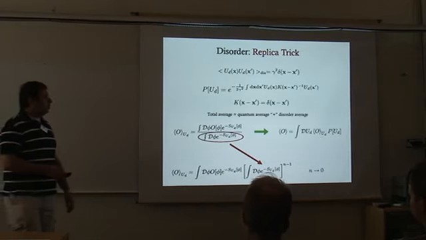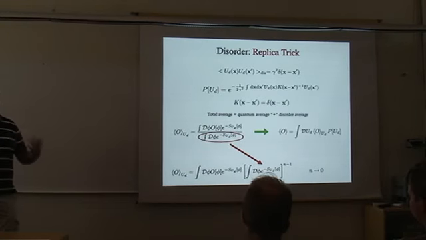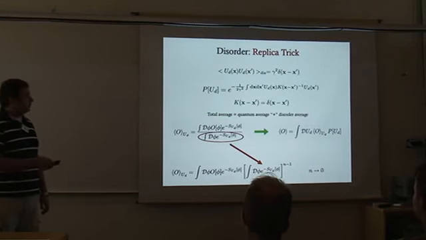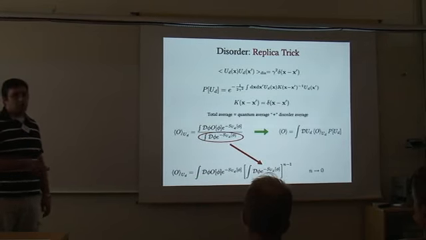To avoid this denominator, one introduces many replicas of the system and writes this exactly in the limit of n equal to 0. So you get rid of the denominator and can do the averaging more nicely.